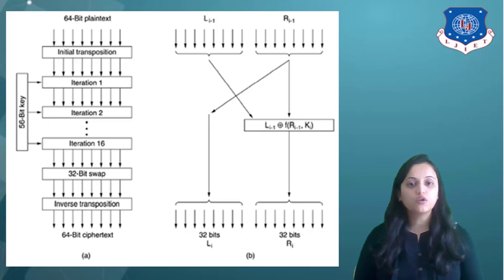Here the function consists of 4 steps carried out in this sequence. First, a 48-bit number E is constructed by expanding the 32-bit R, Li-1, according to a fixed transposition and duplication rule. Second, E and Ki are XORed together. This output is then partitioned into 8 groups of 6 bits, each of which is fed into a different S-box.